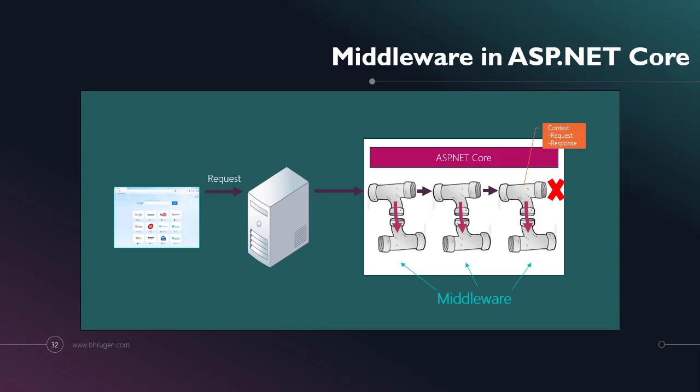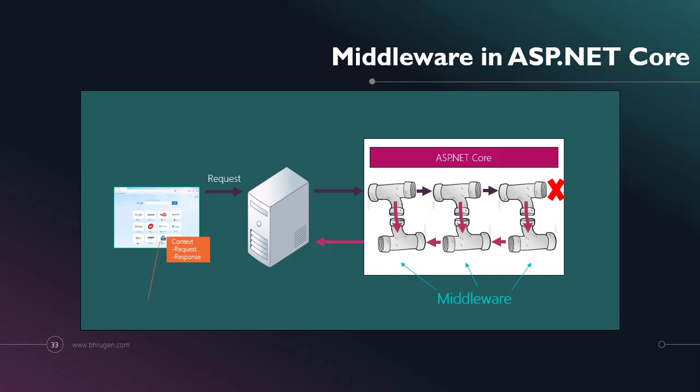But typically your context will go all the way through the pipeline to the end, where the last piece of middleware sends a response which gets back through the pipeline to the server, and then the server sends back the response to the browser. This is a very simplified version of how a request works.